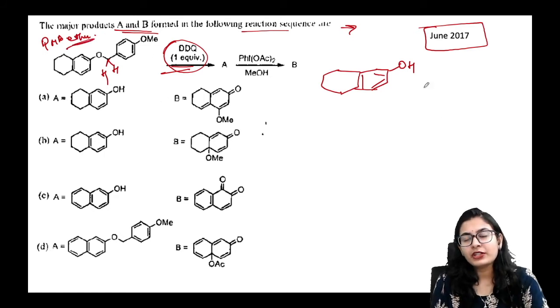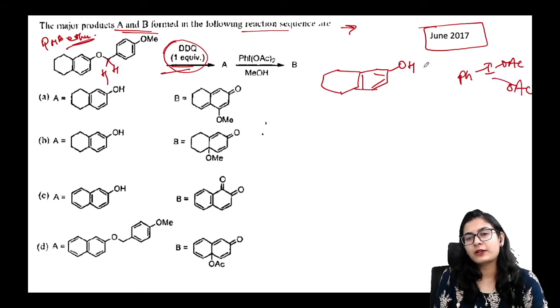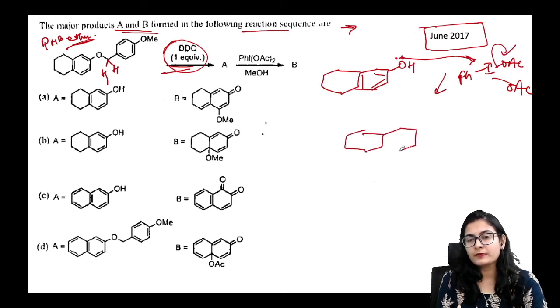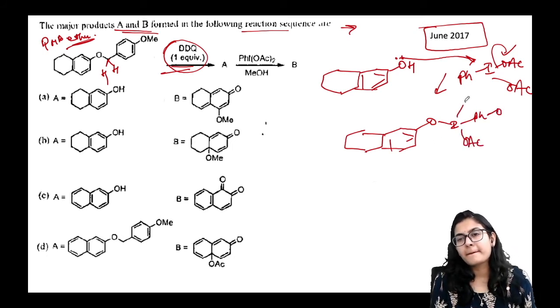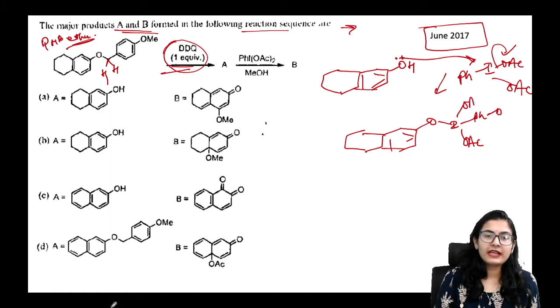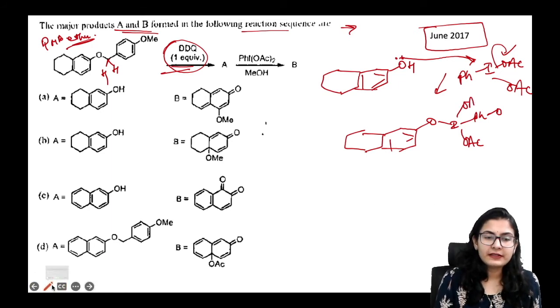All right, and what are you going to do next? Look, the oxygen is going to attack over the iodine. One of the acetate bonds is going to open up also. Yeah, one of the acetates has left, right?